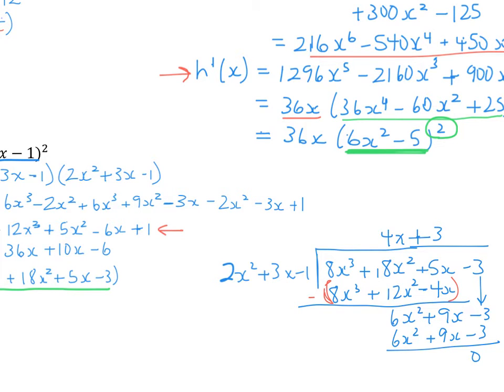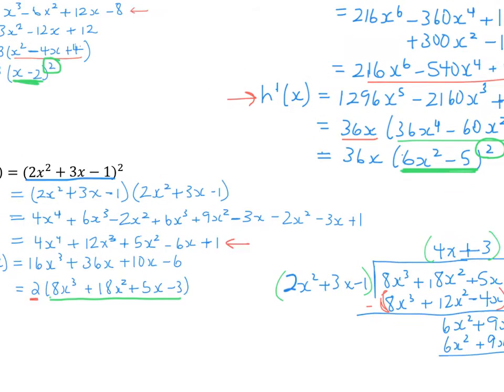All right, so magically I've completed my long division here, and I do find that it goes evenly. So I can rewrite that 8x cubed plus 18x squared plus 5x minus 3 as the product of the divisor and the quotient, the answer we get when we divide.